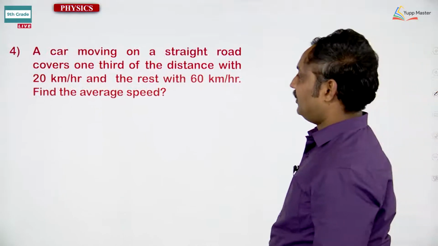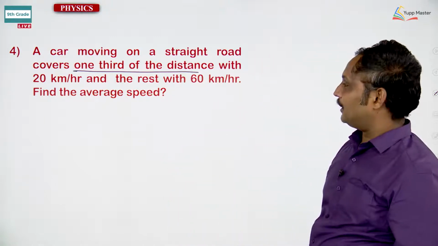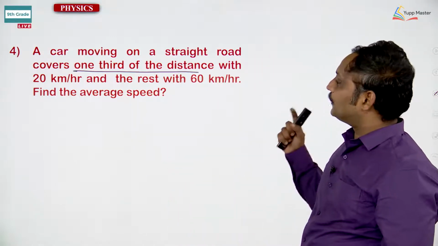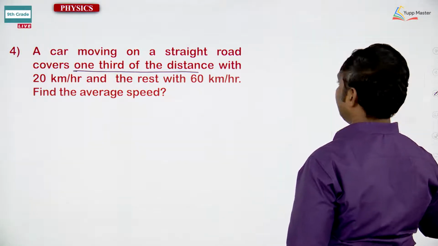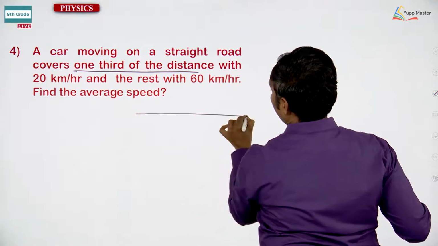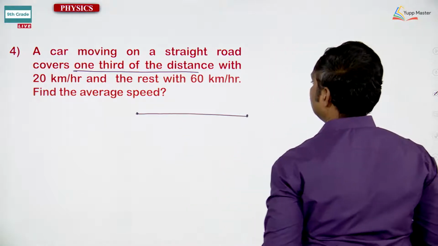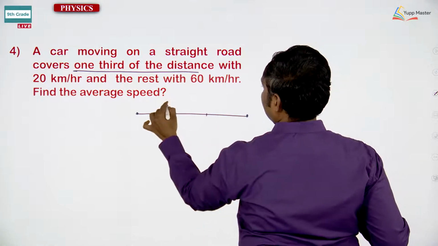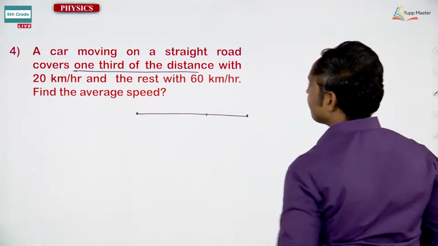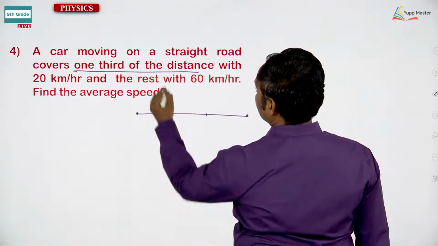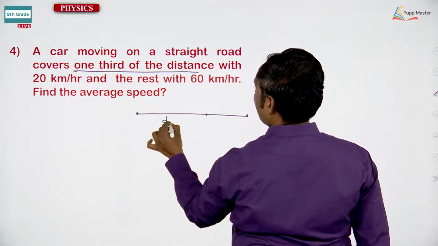A car is moving on a straight road, covers 1/3 of the distance at 20 km per hour and the rest at 60 km per hour. If you take the diagram, you will easily identify that. Let us assume the total distance is d, and this part is d by 3.